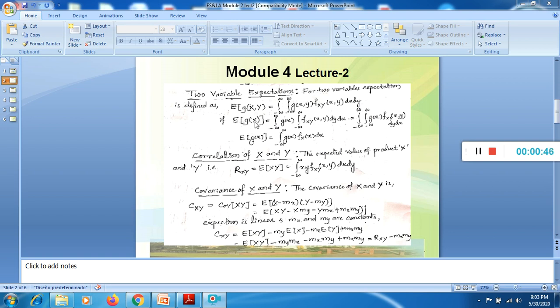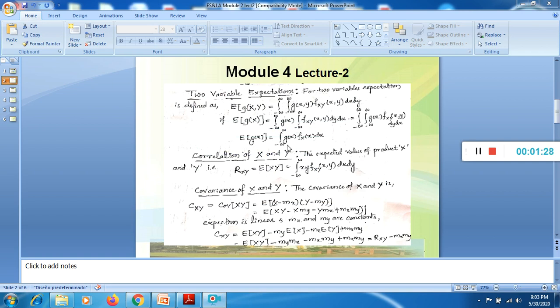And similarly, if it is g(X), the expectation of g(X) is the double integration of g(x) f_XY(x,y) dx dy. So E[g(X)] is the integration from minus infinity to plus infinity of g(x) f_X(x) dx.